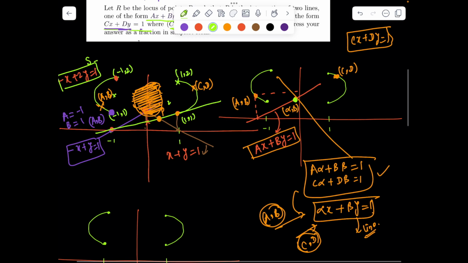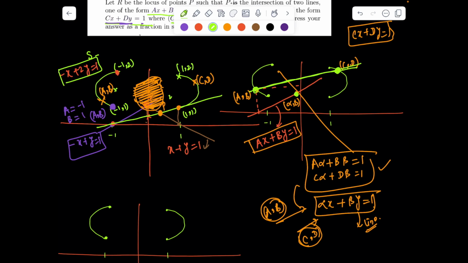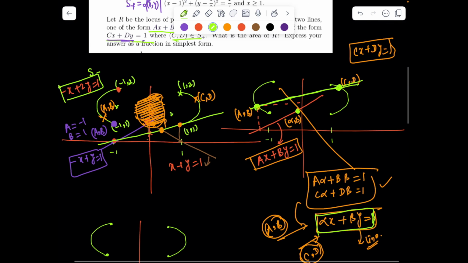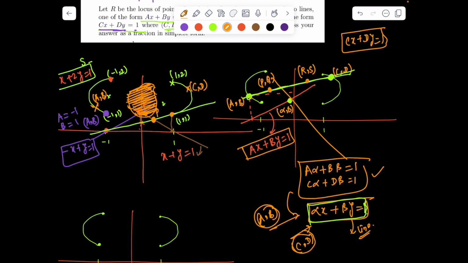Corresponding to that, if I make a line equation with those as coefficients, which is 2 by 3 x plus 1 by 3 y equals 1, that will easily pass through the points A, B and C, D. Okay, that is very exciting because alpha x plus beta y equals 1 is a line which will definitely pass through A, B and C, D. Now what is great about this is this conclusion. So here is my claim. If I take any 2 points on this line, the line containing A, B and C, D, let's take another point I'm calling P, Q and some random point R, S, right?